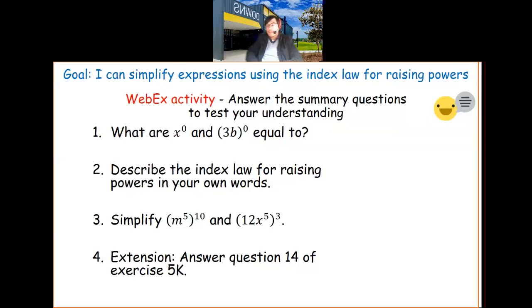I'll give you about 1 minute to think about what the answer is. And basically, we are using the index law for the 0 power.